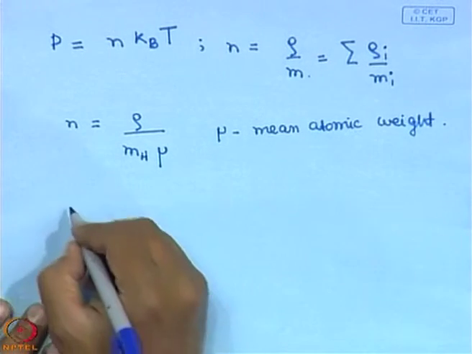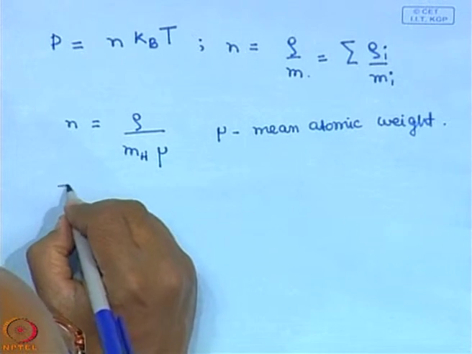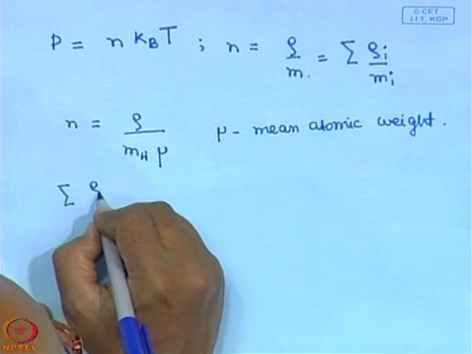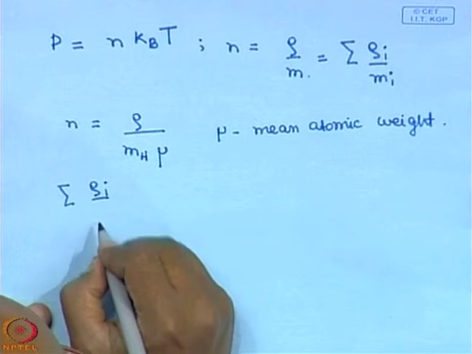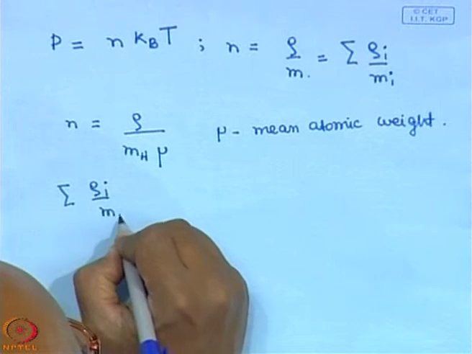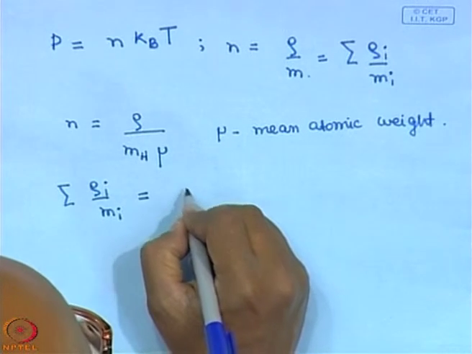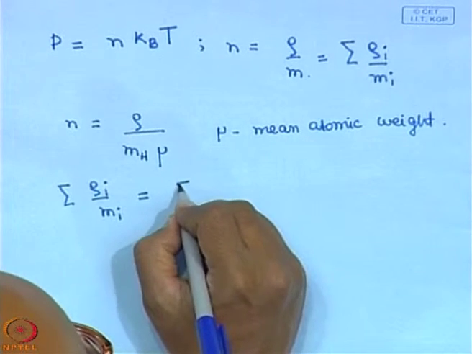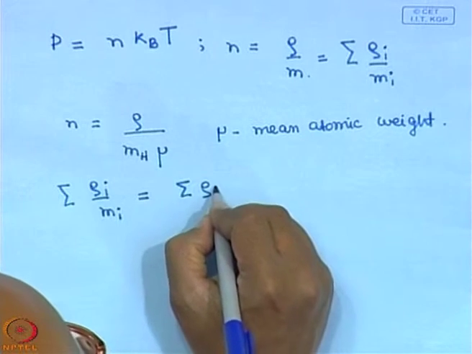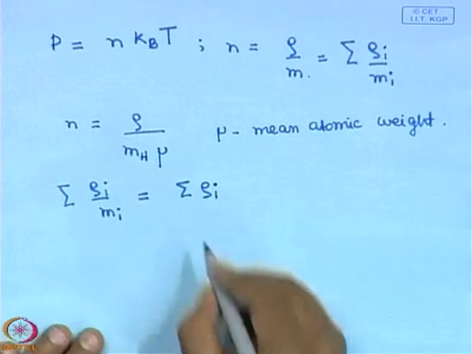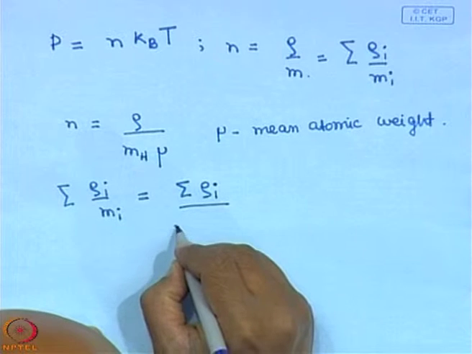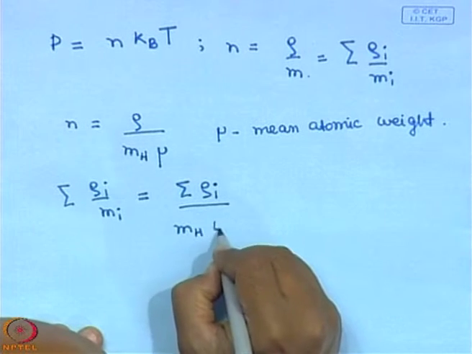Right. So essentially what we have done is we have written the sum of rho_i, m_i as equal to the sum of rho_i, this gives me the total density, divided by mH into mu, right.